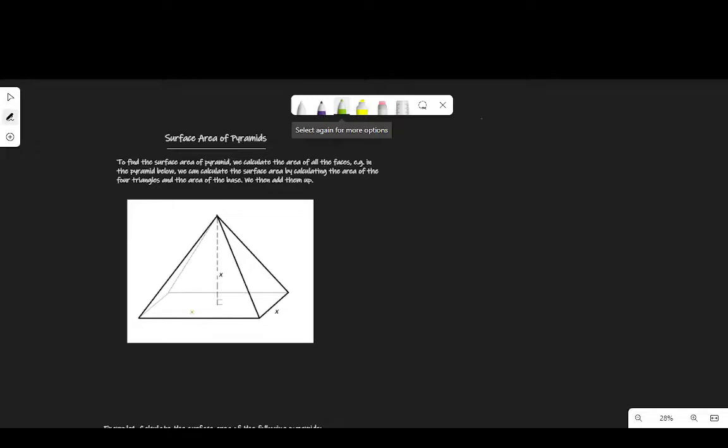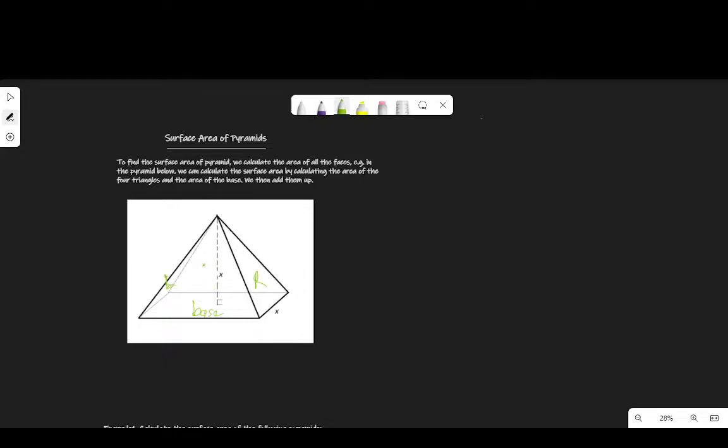So to find the area of a pyramid like this, calculate the area of the rectangular base. Let me call the base here. Also calculate the area of this triangle on the right hand side, let me call it R. And then the triangle on the left hand side, also calculate the area.